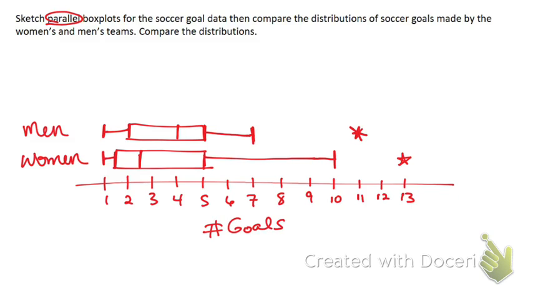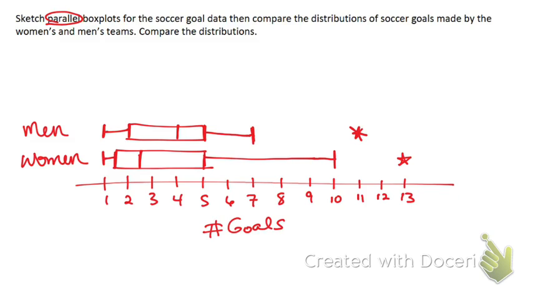The median for men is higher than women, but the women have a higher maximum score. One more. Quartile 3 is at 5 for both.